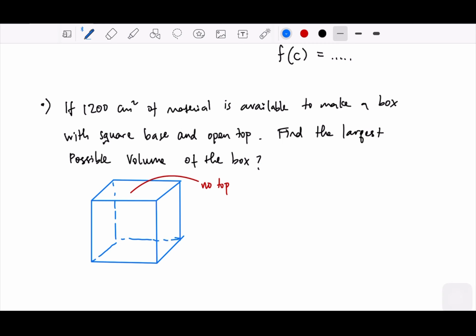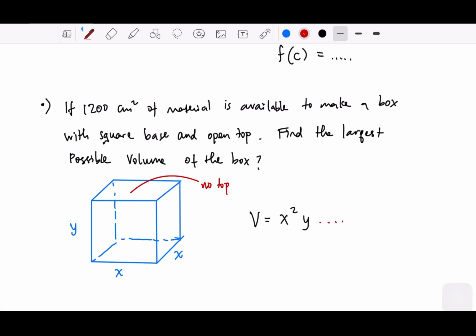And the base has the same length. Let's say x, or you can name any variable you want. A, B, it's still okay. And name the other variable y, because it's not specified. All the lengths don't have to be the same, so we can make different variables. And it's asking us to find the largest volume. So volume for the 3D box like this is just the area of the base multiplied with the height, right?